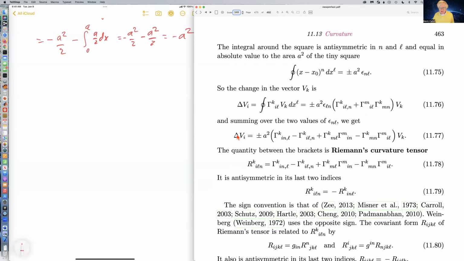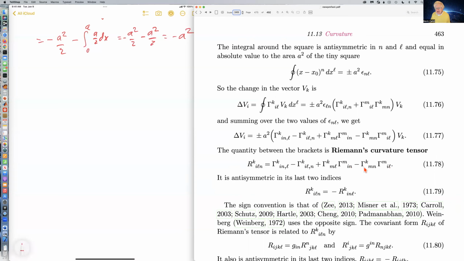And so the change then in the covariant vector is the area of the little square times this structure involving the Christoffel symbols, and then it's all, so to speak, dotted into the covariant vector. And the thing inside the curly brackets is Riemann's curvature tensor. So this is a better derivation of Riemann's curvature tensor.